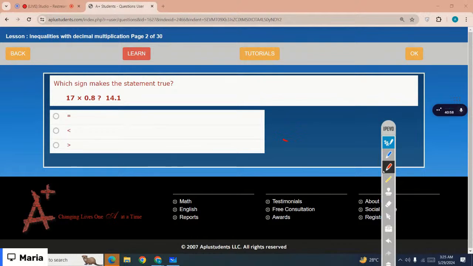That is less than, because 13.6 is obviously less than 14.1. The correct option is less than.